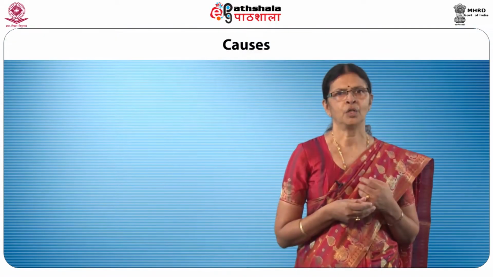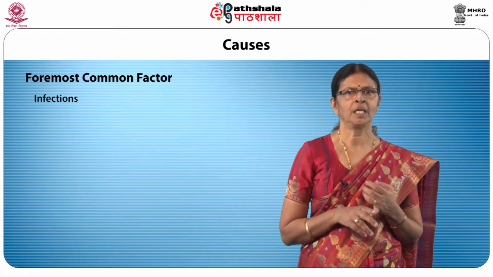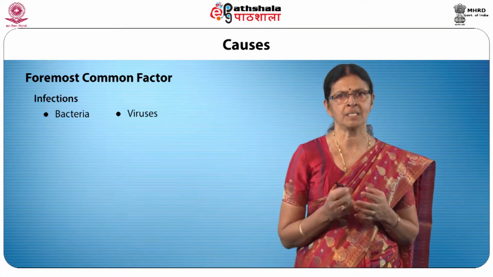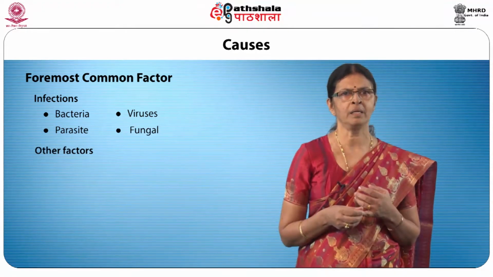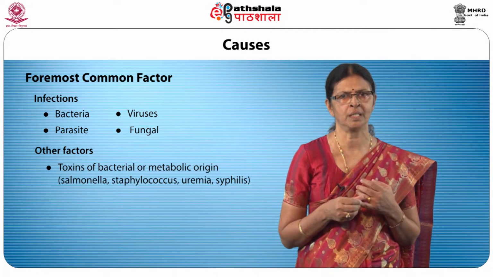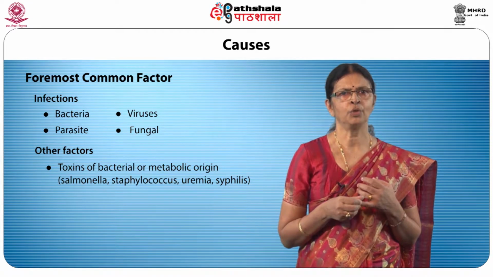Now we must know the causes of gastritis. The foremost common cause of gastritis is infection. The infection may be due to bacteria, virus, parasite or fungal infections. Other factors are food poisoning due to toxins of bacterial origin, that is Salmonella, Staphylococcus, uremia, syphilis.